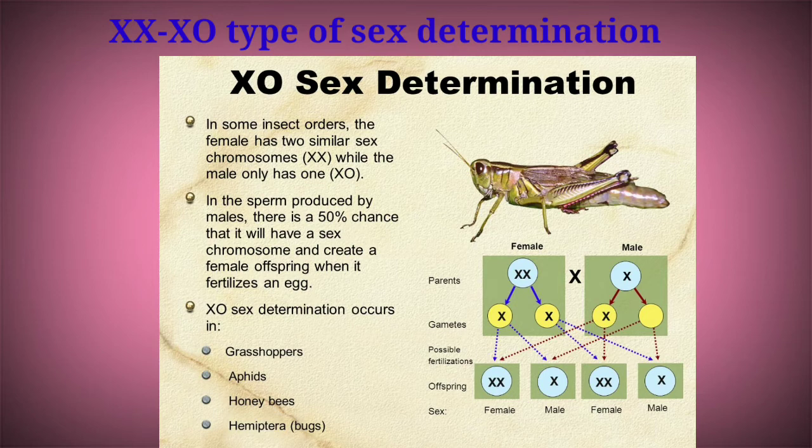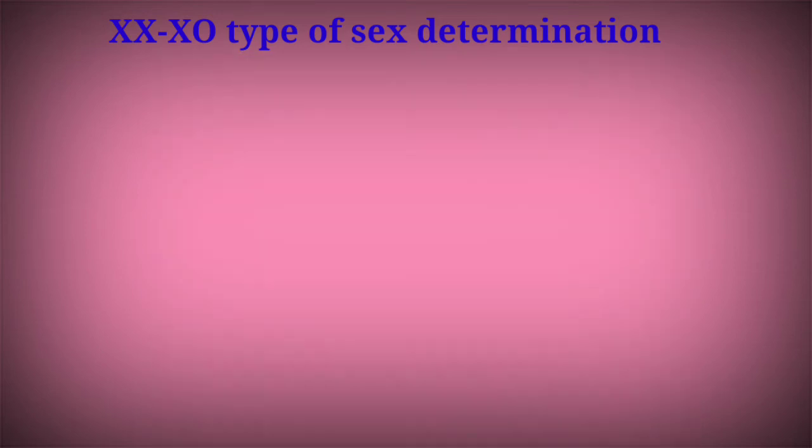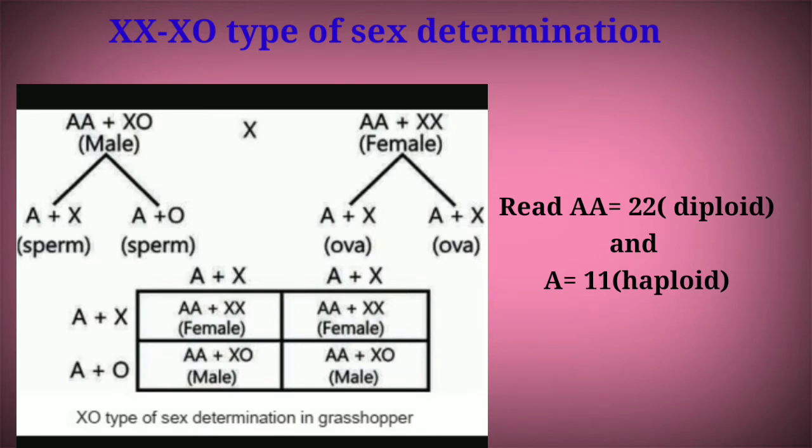In grasshopper, the females have 24 chromosomes in their diploid cell, that means 22 plus XX chromosomes. And the males have 23 chromosomes in their diploid cells.